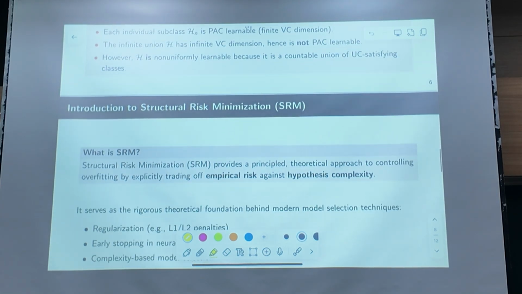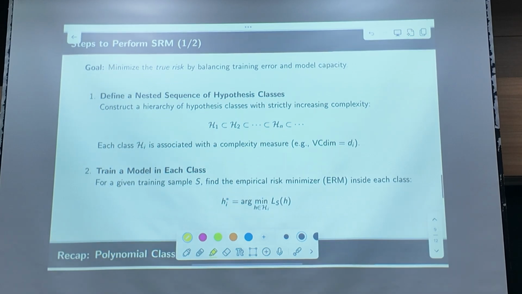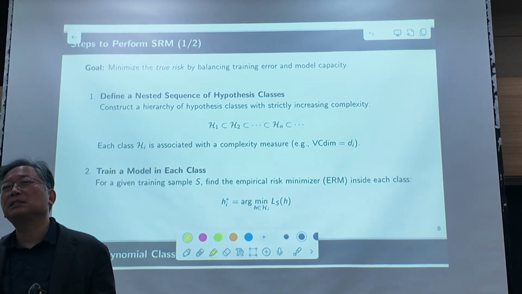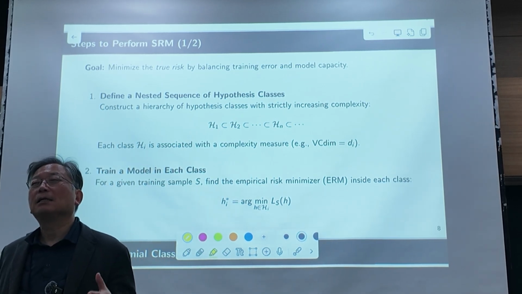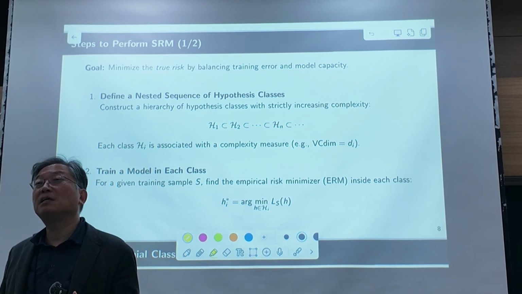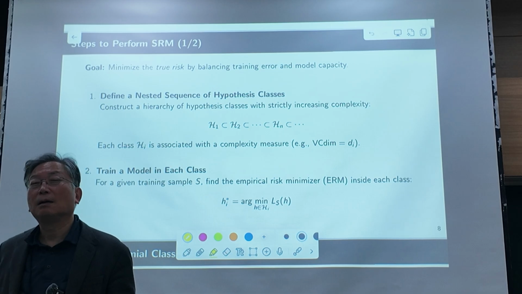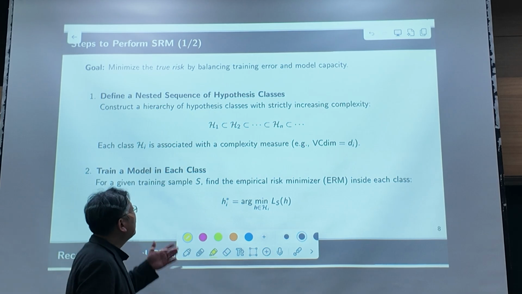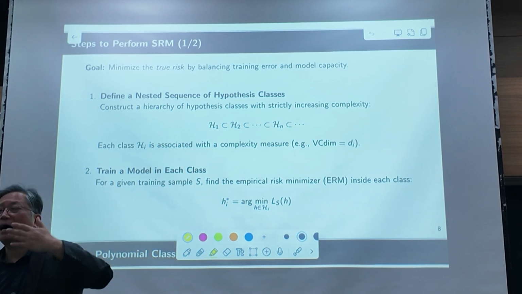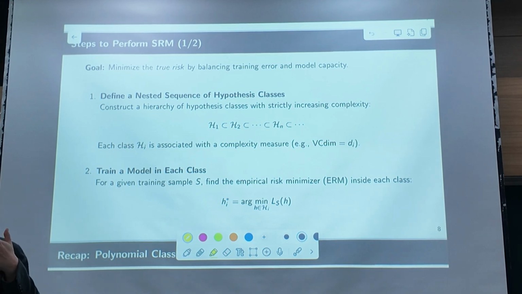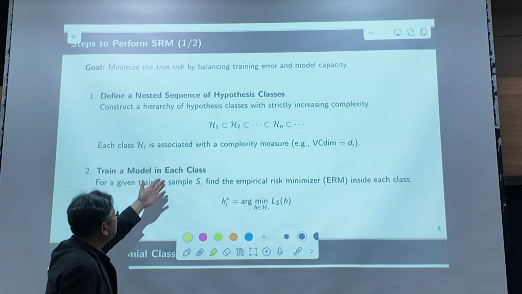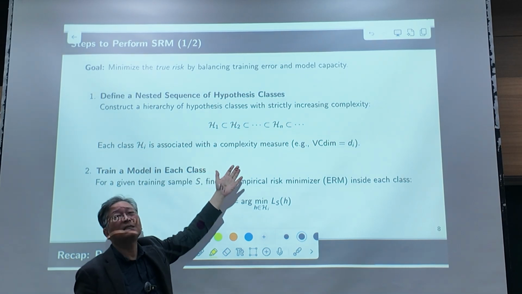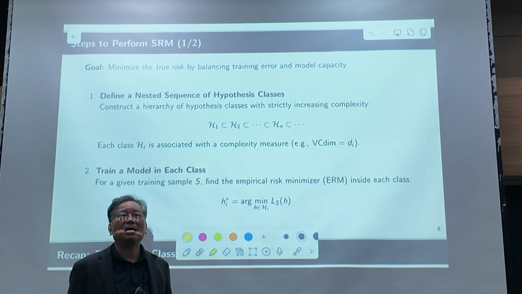Anyways, I'm running out of time. So I'm going to give you a particular kind of hypothesis class that has infinite VC dimension, but it's constructed from hypothesis classes that have finite VC dimension. So the hypothesis classes are nested this way. What is an example of a nested hypothesis class?